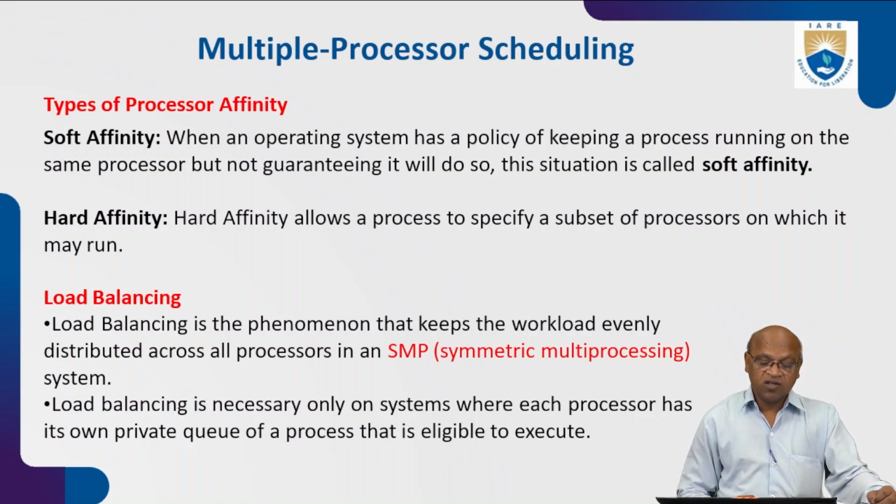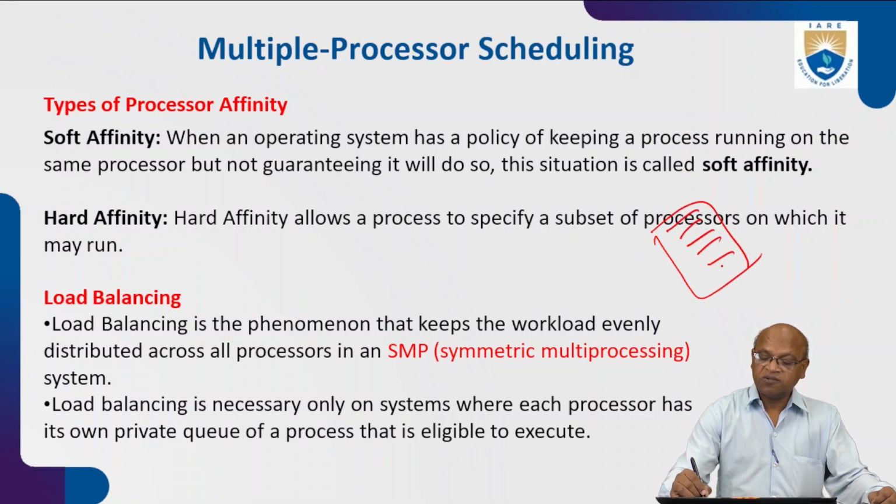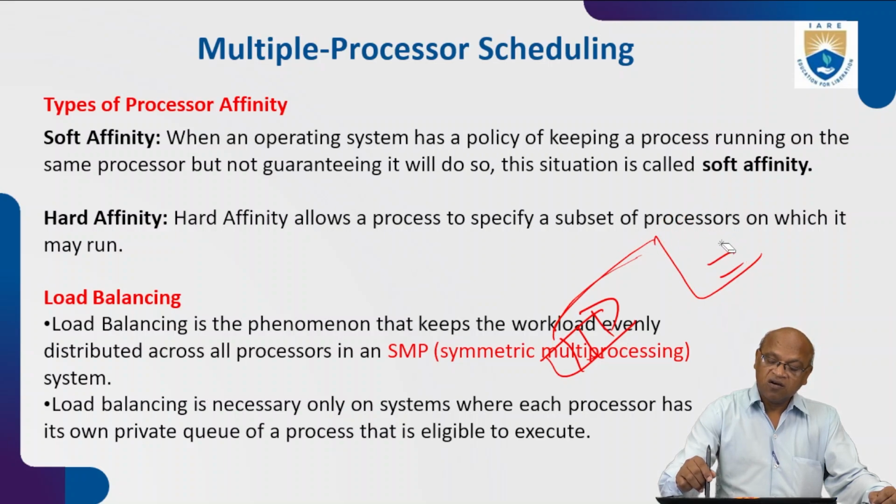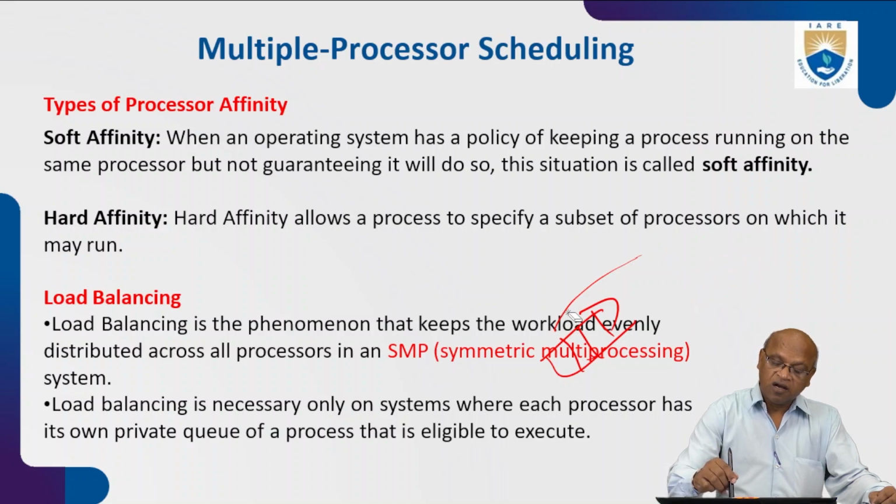Load balancing is necessary only on systems where each processor has its own private queue of processes eligible to execute. As I said, this is a program, and these are the instructions, and these are the multiprocessors P1, P2, P3. Some instructions will be allotted to some processor, and if more instructions are allotted to the second processor, there will be an imbalance. So this scheduling will make sure there is load balancing for the processors executing the program.